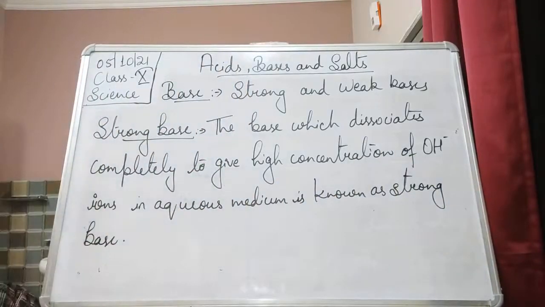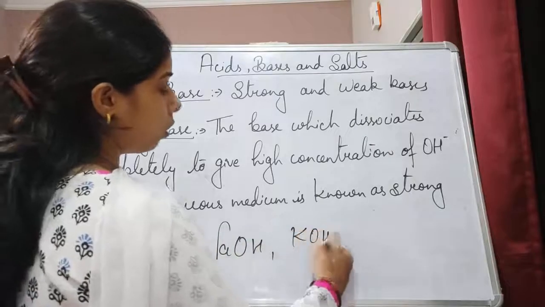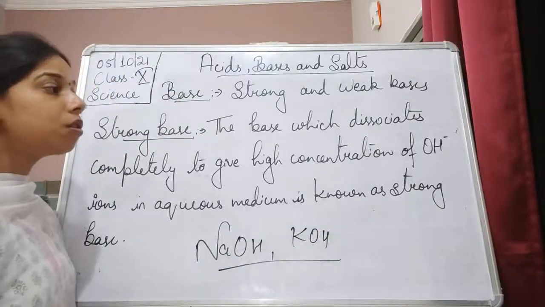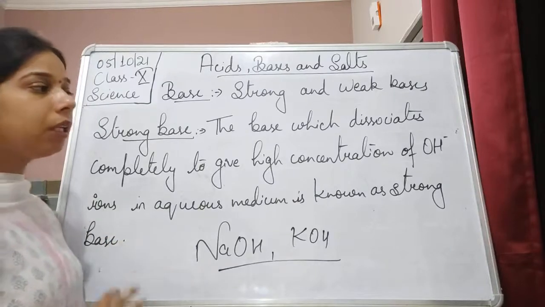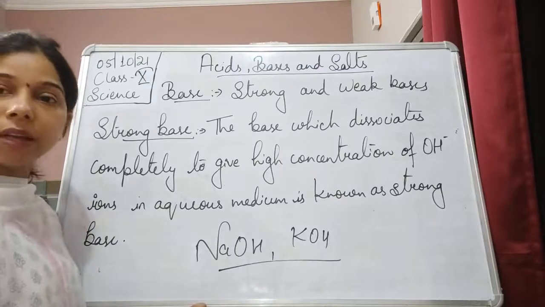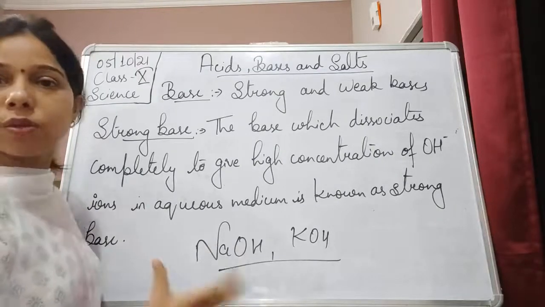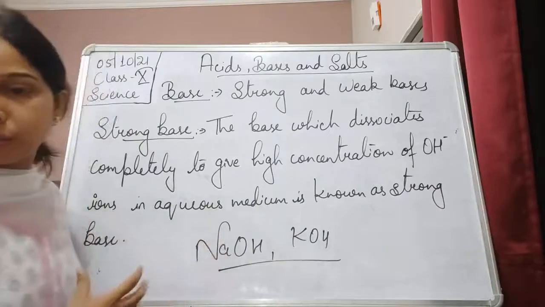That is called a strong base. Examples are potassium hydroxide and sodium hydroxide. These are all strong bases. It means when dissolved in water, they will completely dissociate to produce a good amount of hydroxide ions. If more hydroxide ions are released, then that will be a strong base.